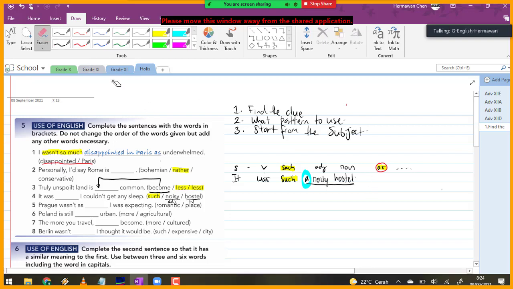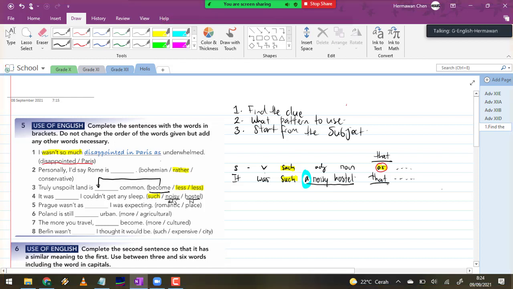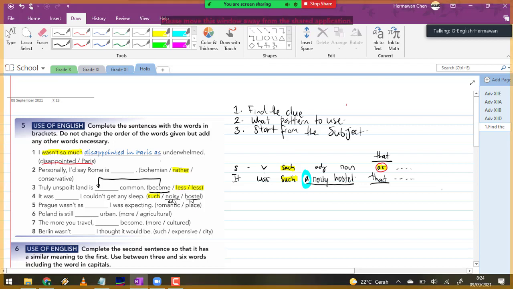Okay, and then you have 2 options. Either using as or using that. Here, we have to use that because we need the meaning of result. Look at the meaning. It was such a noisy hostel that blah blah blah.